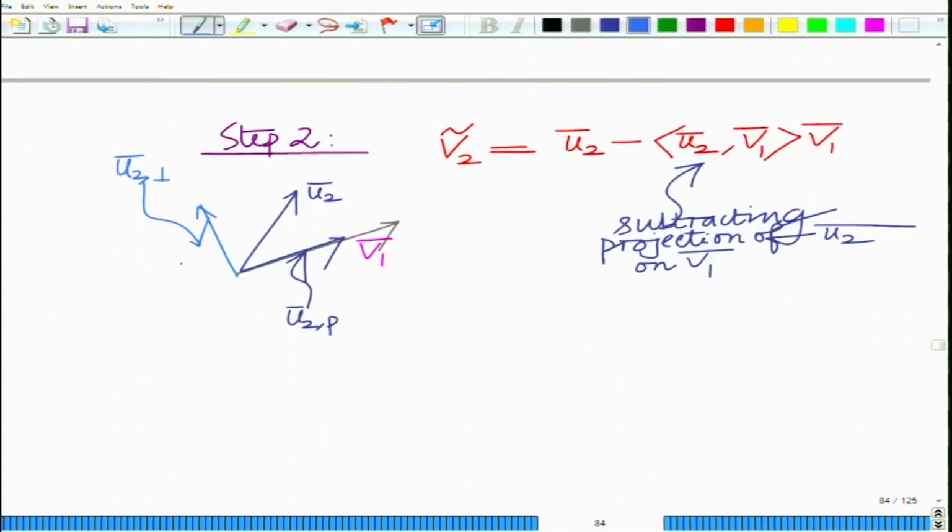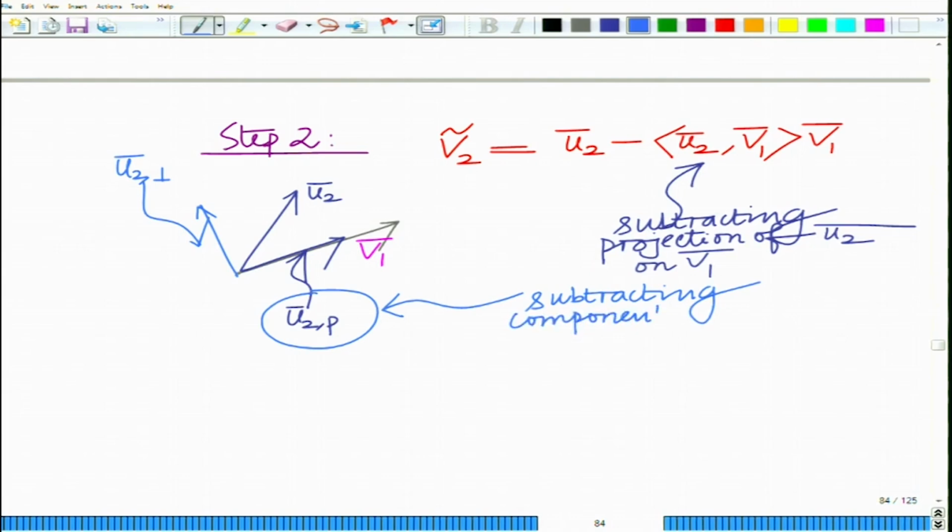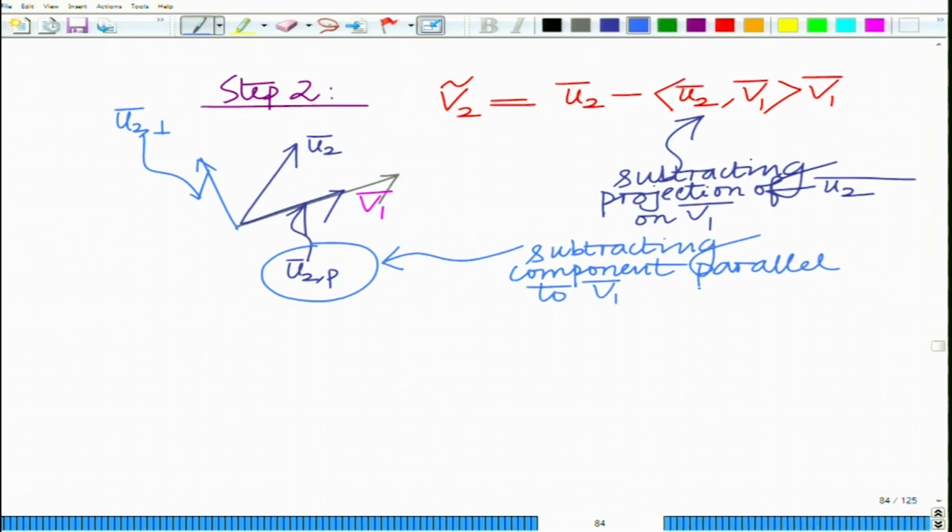So what we are doing is subtracting this component along v1 bar, and retaining whatever is perpendicular to v1 bar, which creates the orthogonality property.